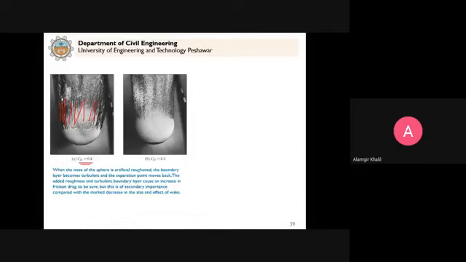Now what we can do in this experiment is, if the front of this ball is artificially roughened, from smooth to rough, you can see the shifting of the wake, it has shifted back.